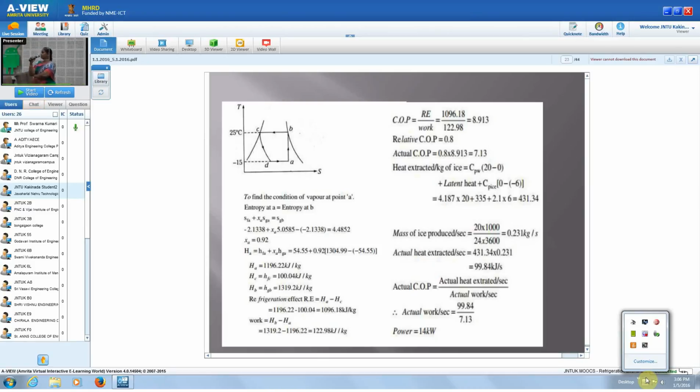So here what is the total refrigeration capacity you have to find out. Water at 20 degrees centigrade is to form ice at minus 6 degrees centigrade. So that is inlet temperature 20 degrees centigrade and water is to be formed to ice at 0 degrees centigrade.